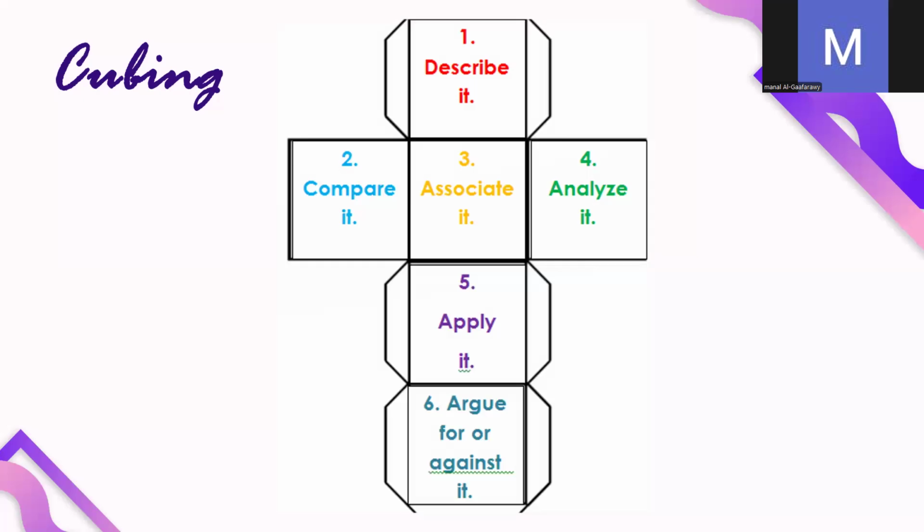Finally, argue for or against it. So this point tries to encourage students' ability of reflection. The student reflects on what he or she feels when he sees the giraffe. And this can be positive or negative.